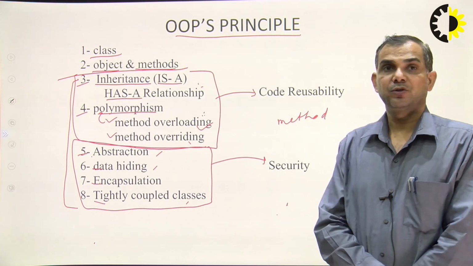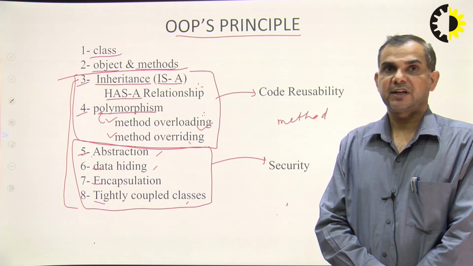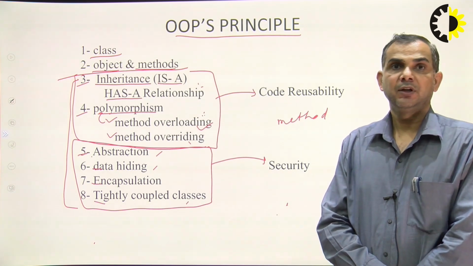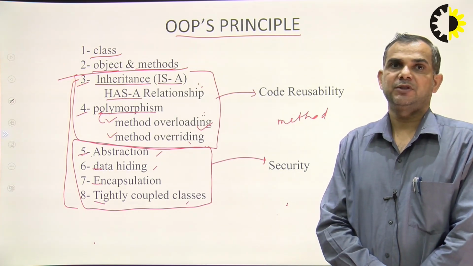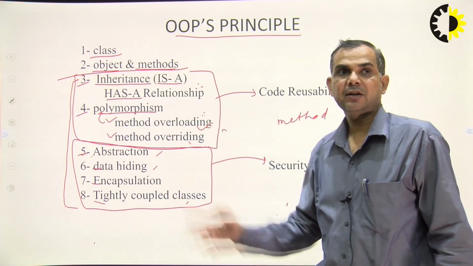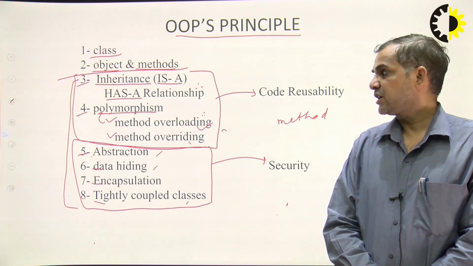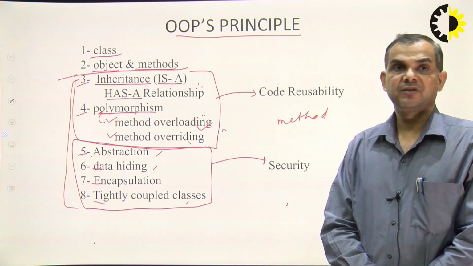या फिर हम यहाँ पे इसको बोल सकते हैं कि जब भी हम कोड को यहाँ पे लिखते हैं, तो either it will be checked at compile time when we execute the code, or we have to check at runtime. So there are the two properties. One is if it is checked at compile time, it is known as overloading, or if it is checked at runtime, it is known as overriding.